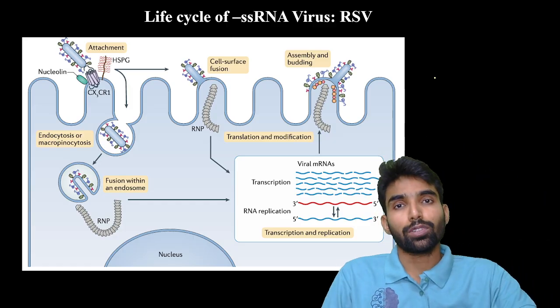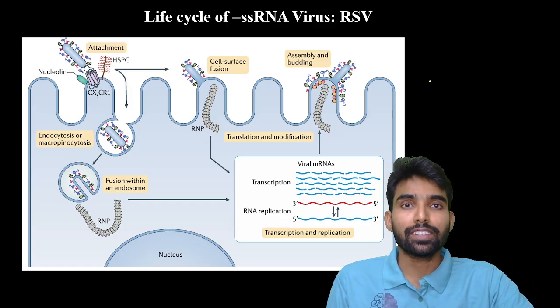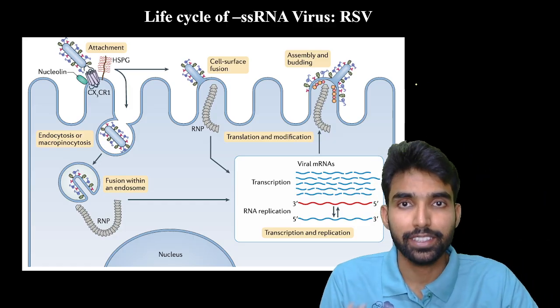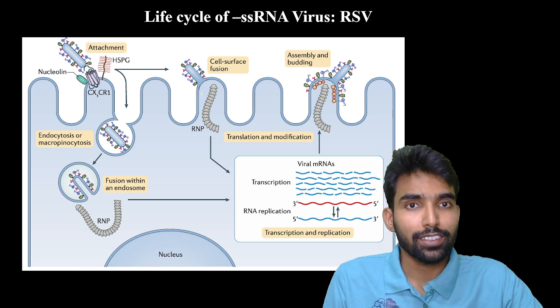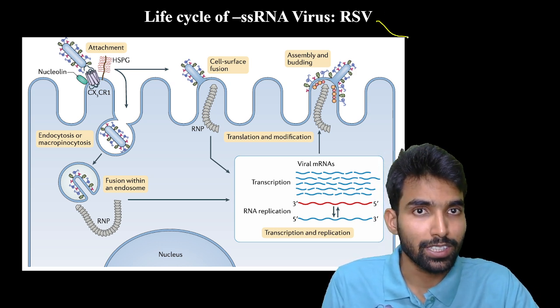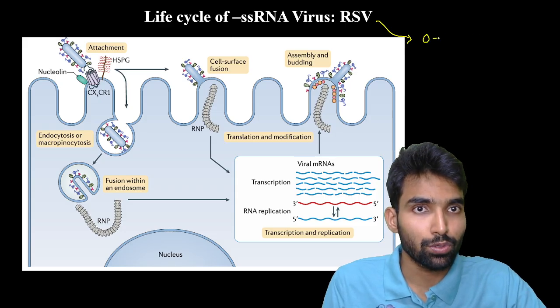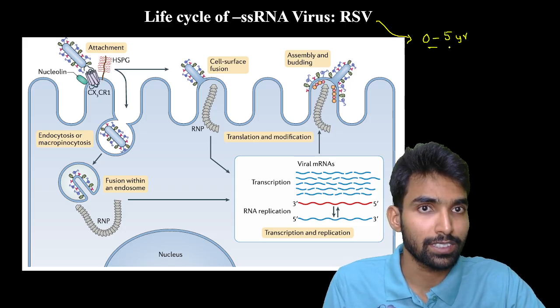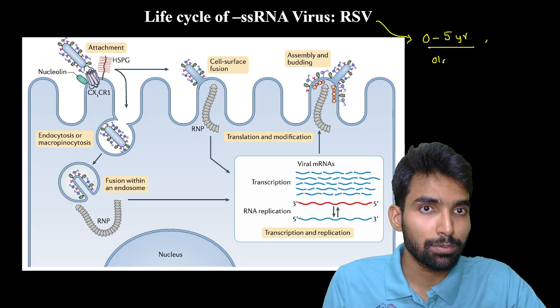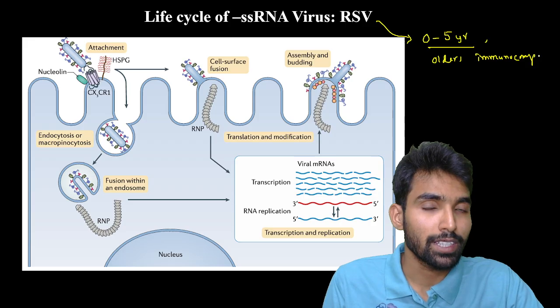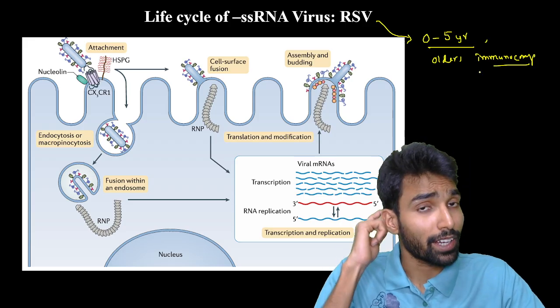So we will start with one virus, the respiratory syncytial virus, or RSV. RSV generally infects mostly children. You can note it down: children from 0 to 5 years, older people, as well as immunocompromised individuals.